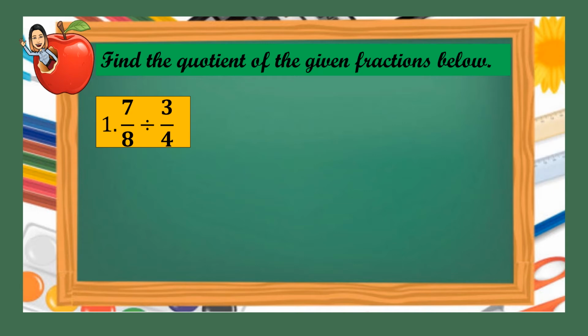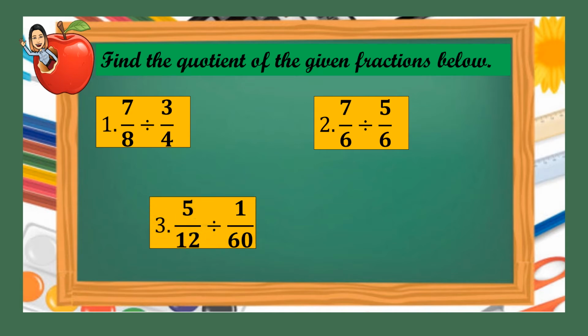Number 1: 7/8 divided by 3/4. Number 2: 7/6 divided by 5/6. Number 3: 5/12 divided by 1/60. And number 4: 12/5 divided by 1/6.